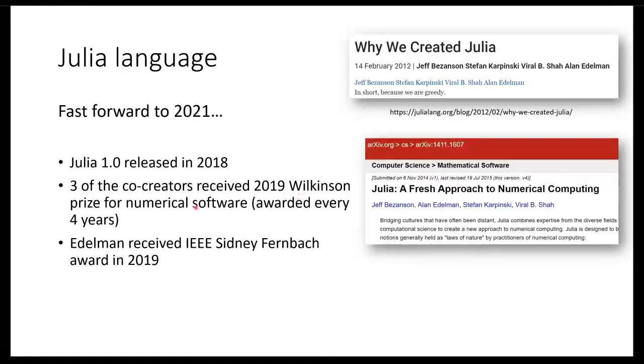One is the Wilkinson Prize for Numerical Software. This is a prize that is only awarded every 4 years. So you can see the quality of the software or the language confirmed by the research and the computing community.